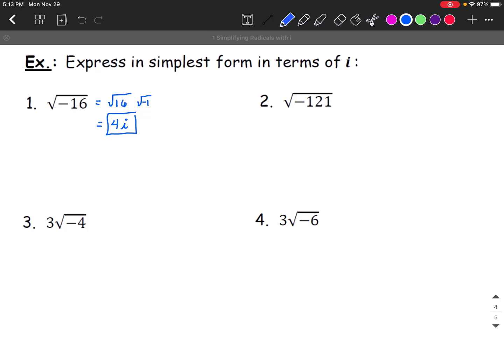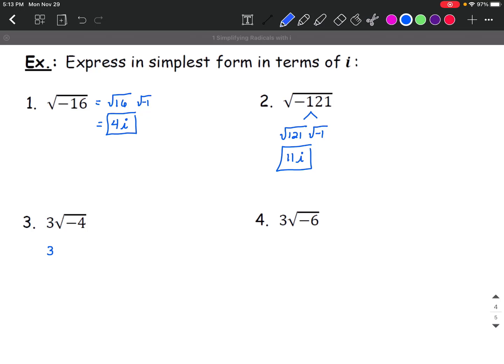If we look at the next one, this square root of negative 121, that's the square root of 121 times negative 1. We know, because we know our perfect squares, that the square root of 121 is 11, and the square root of negative 1 is I. So we have 11i.